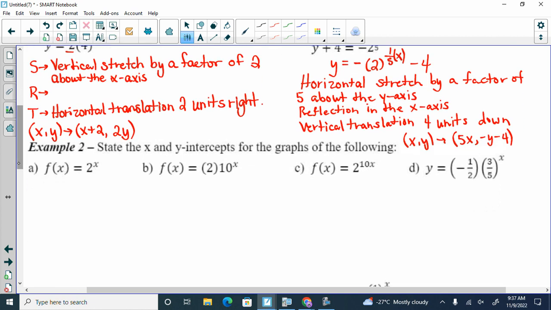So he wants us to state the x and y intercepts of the following. So let's do the y-intercepts first. What's the y-intercept of this one? It's 0, 1, because f of 0 equals 2 to the 0, which is 1.